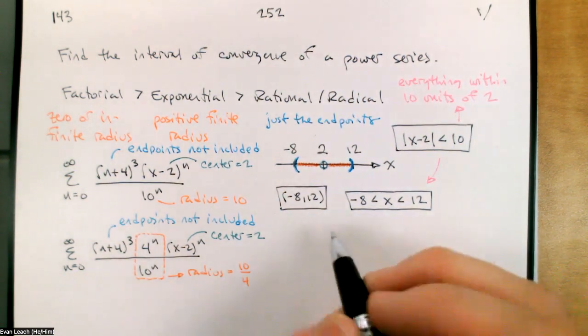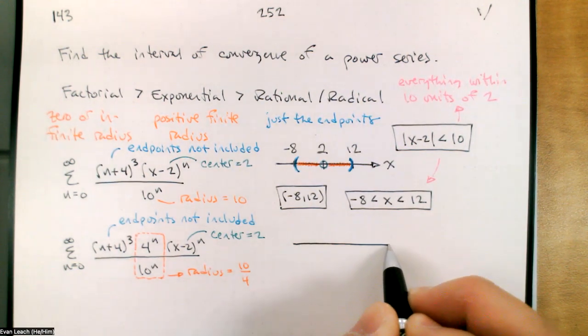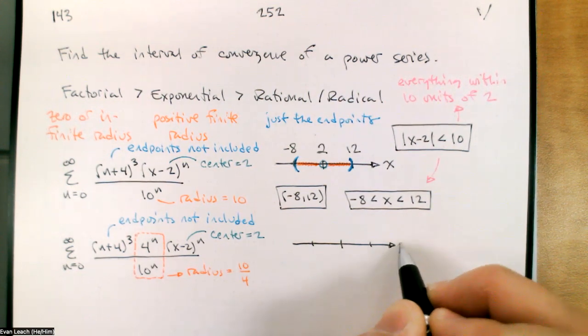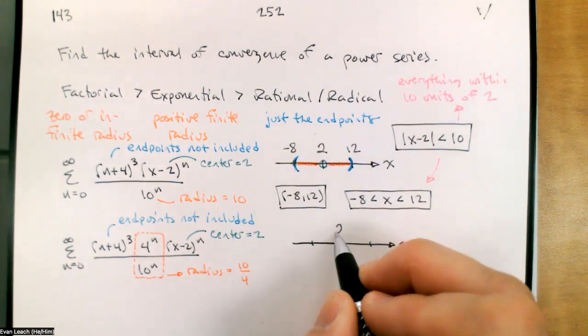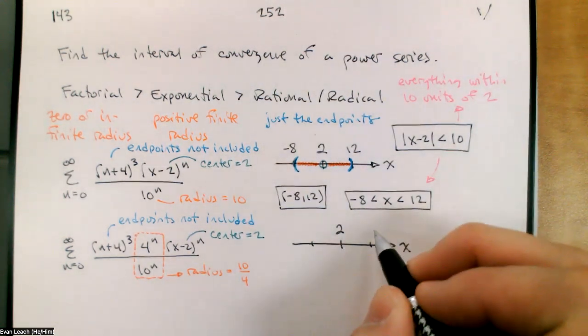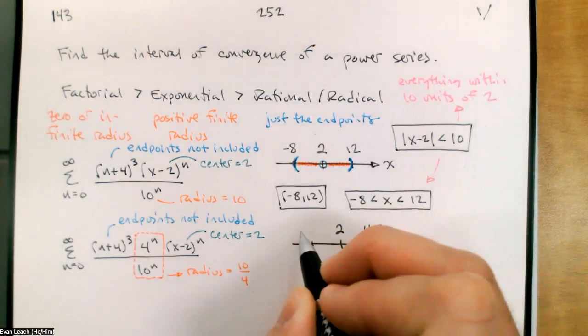So when we draw our interval of convergence, in the middle, we still have 2, but now we're going to have a radius of 10/4 or 5/2 or 2.5. So we're going to go up 2.5 to 4.5 and down 2.5 to -1/2.